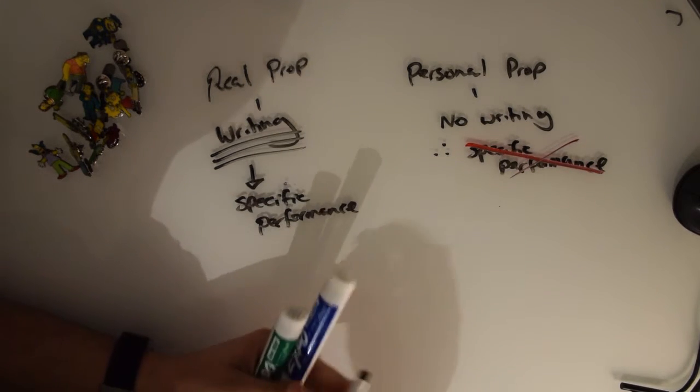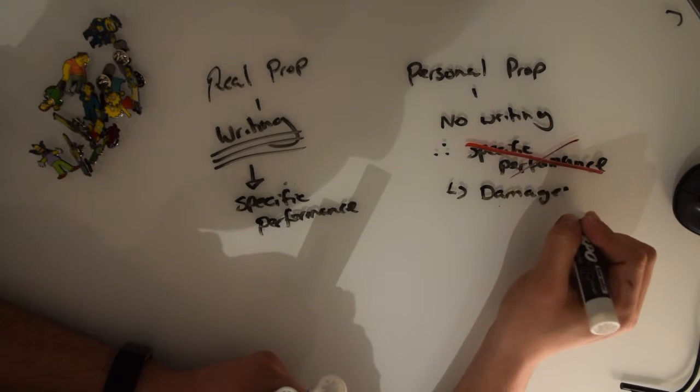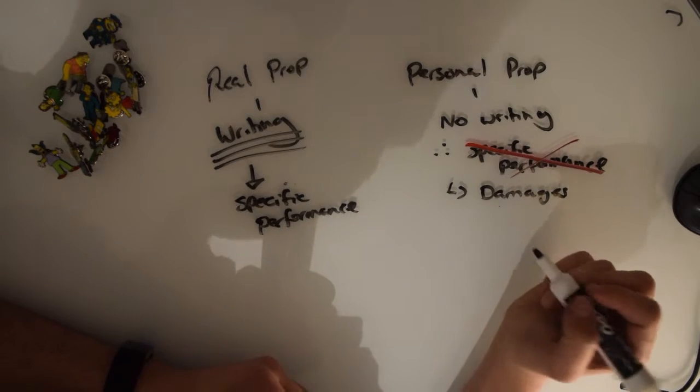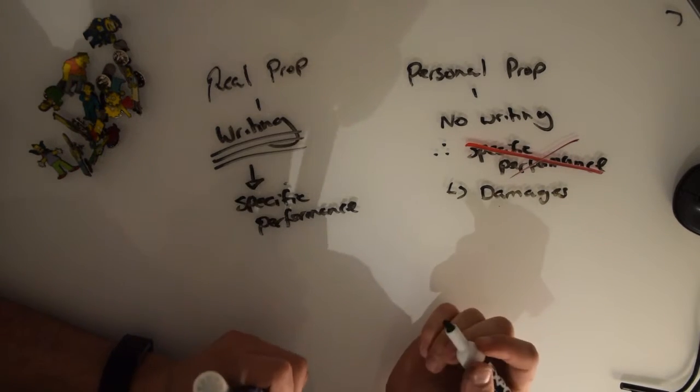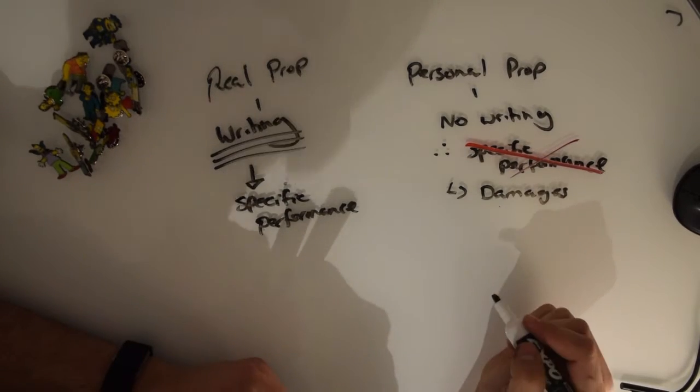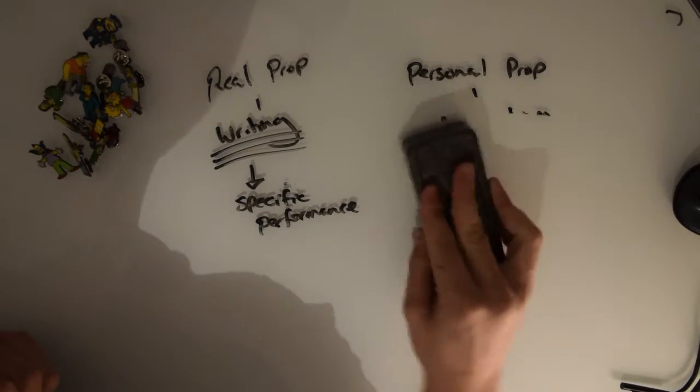The only remedy that is available is damages. So in some instances, the property itself would not be recoverable, but the party would be compensated with damages. So that's the distinction between the both.